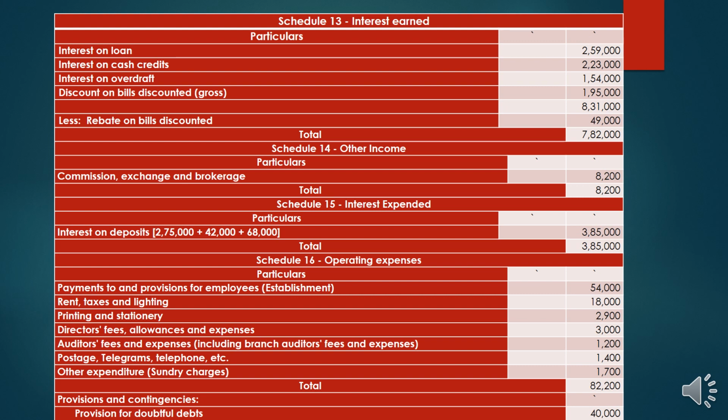So that is arrived: 1,27,350 is the current year profit and 1,55,650 is equal to 55% of the total profit. The total profit, before adjusting tax, is 2,83,000, and the total taxation will be 55% on total profit, that is 1,55,650.